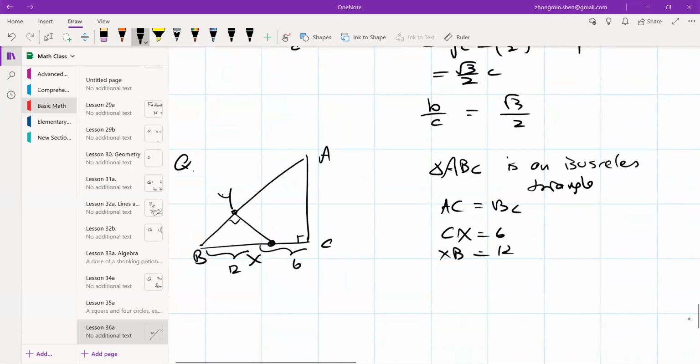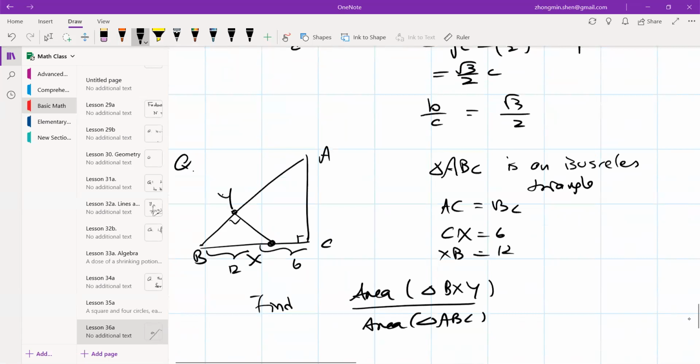What is the ratio of the area of, find the ratio of the triangle area of BXY and the area of triangle ABC. So the triangle is uniquely determined by the data we are given here. Okay, so this side is going to be 18, right? 18, 12.